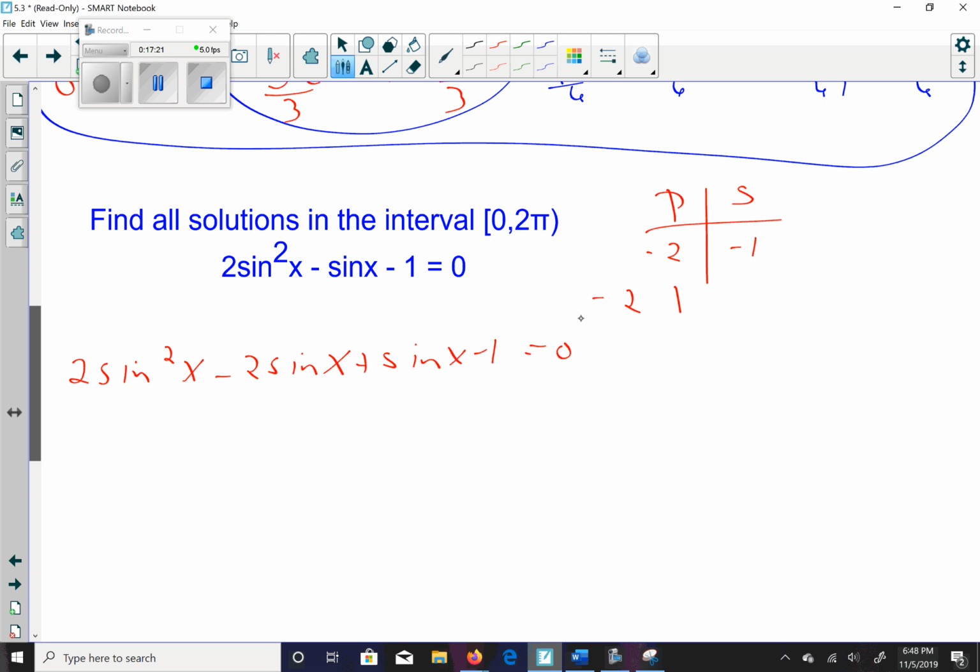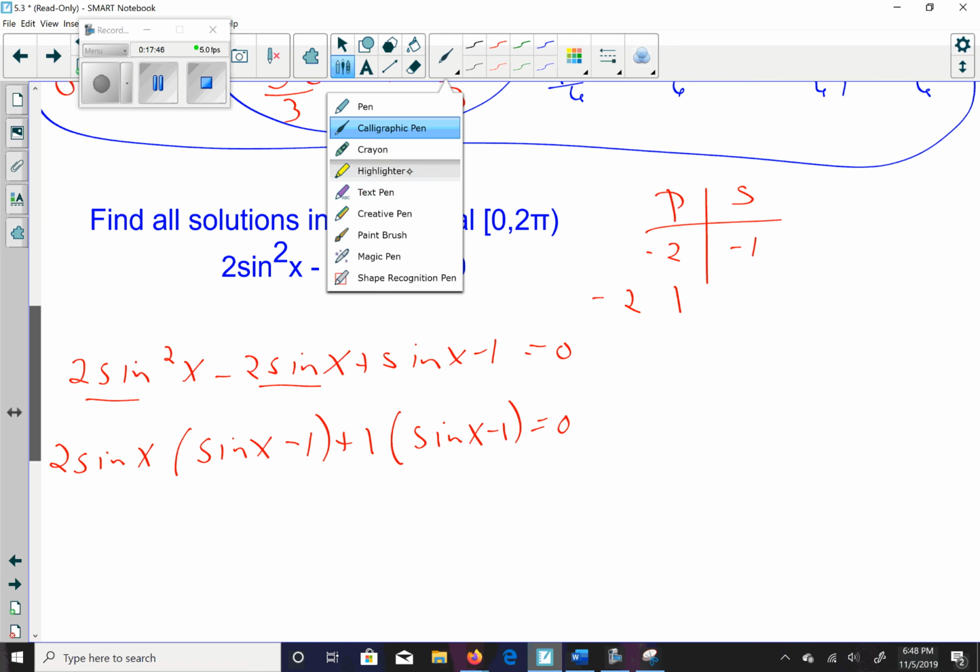is equal to 0. From the first 2 terms, I can factor out a 2 sine x, and I'm left with sine x minus 1. From these last two terms, there's nothing I can factor out, so I'm going to write a plus 1 to remind me that I do have something out there, and then write sine of x minus 1 is equal to 0.